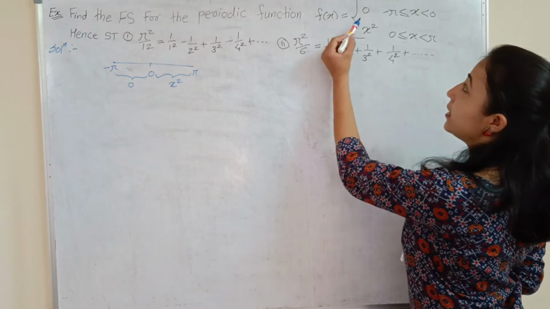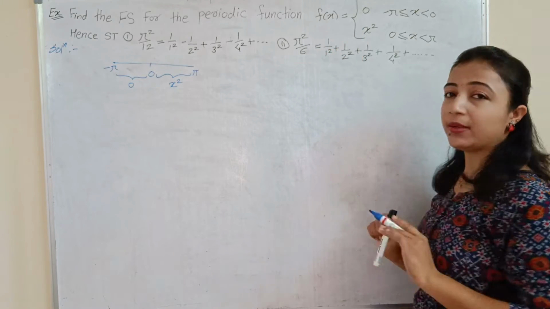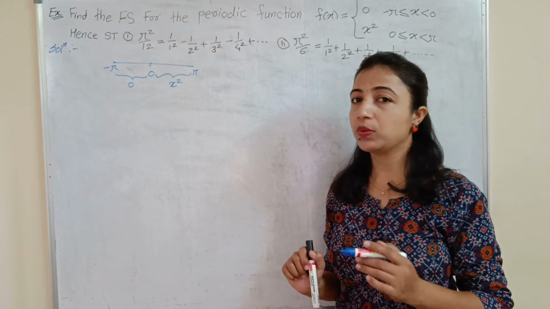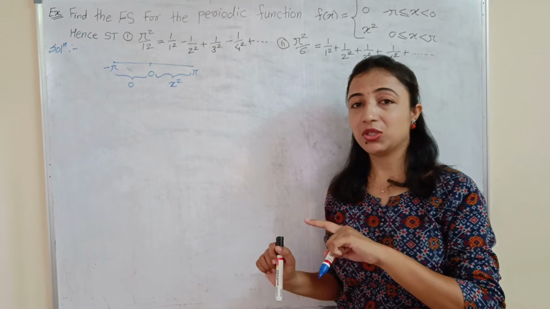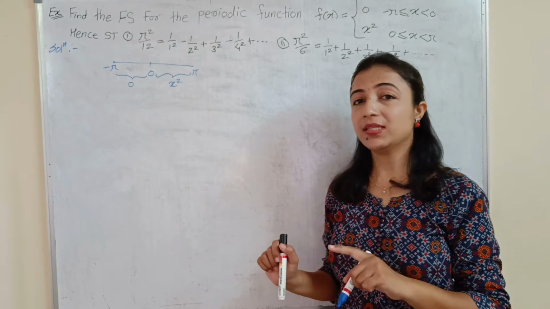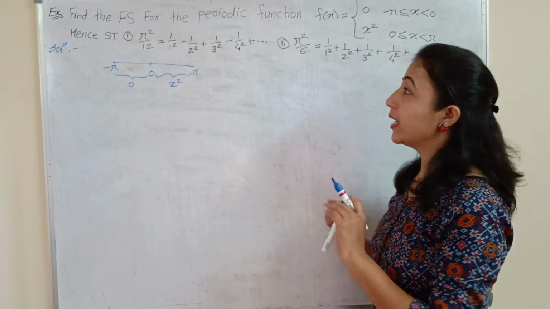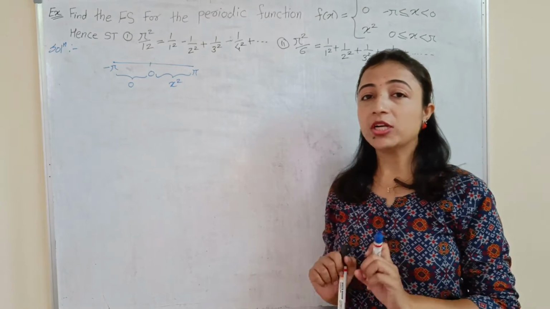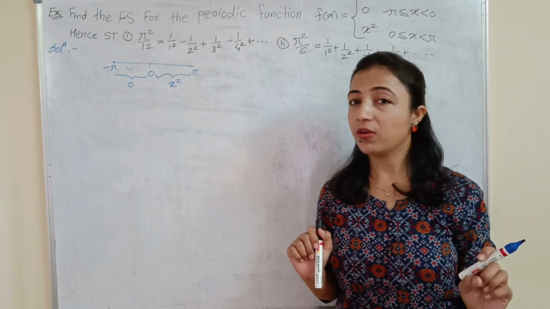But here it is 0 and it is x square. So nowhere will you get f of minus x equals f of x, or f of minus x equals minus f of x, because here the terms are different. So this function is neither even nor odd.